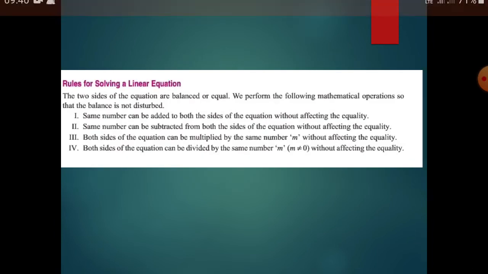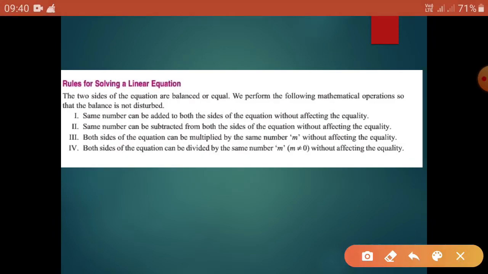What are the rules to solve a linear equation? The two sides of the equation are balanced or equal. We perform the following mathematical operations so that the balance is not disturbed. Number 1, the same number can be added to both sides of the equation without affecting the equality.